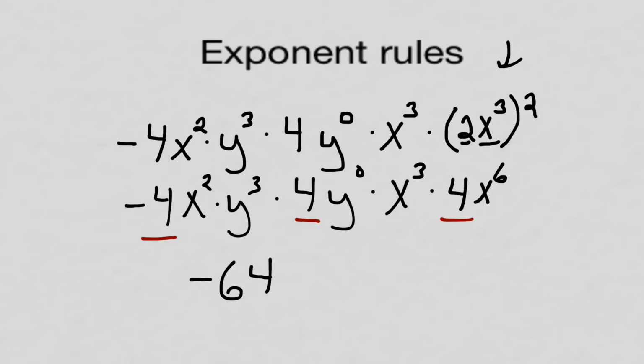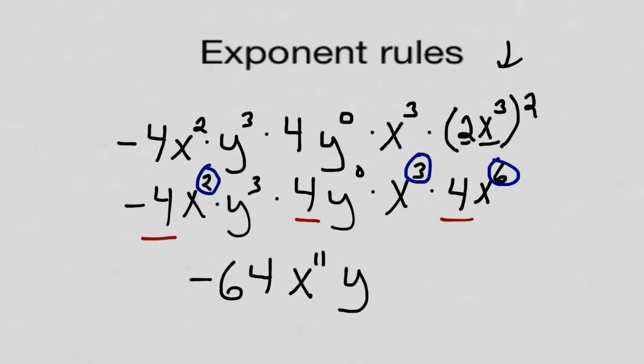All we've got left is x and y's. I'm going to just go ahead and write x and y down here. All I have to do is figure out the exponent. So the x's, let's go across here. I've got a 2 plus a 3 plus a 6. All I have to do is add those together, and I get 11.